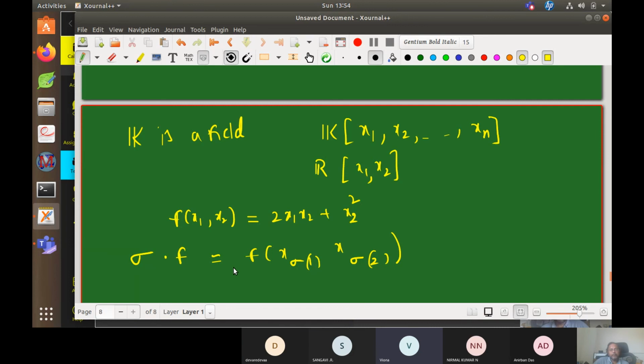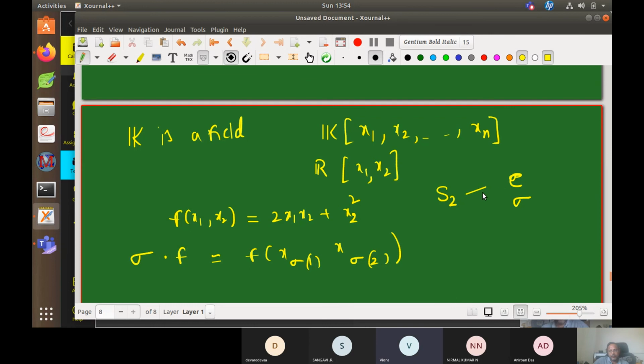S2 contains two elements, identity and sigma.